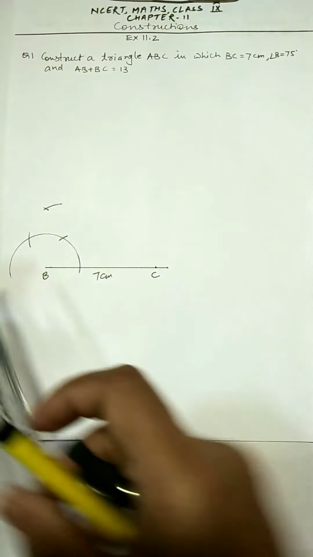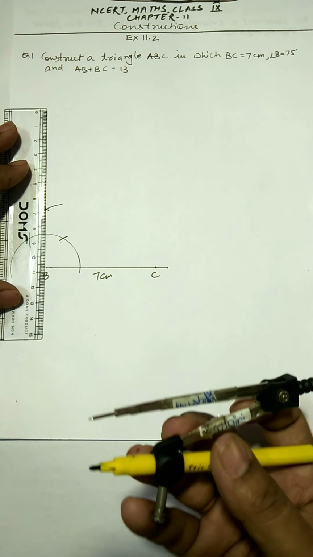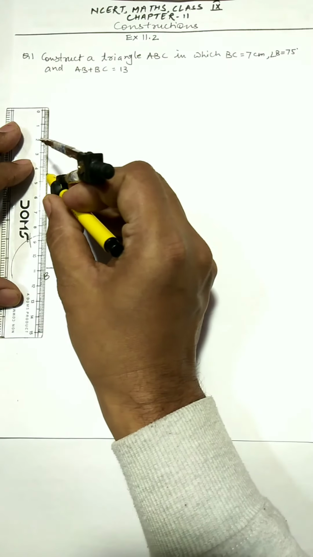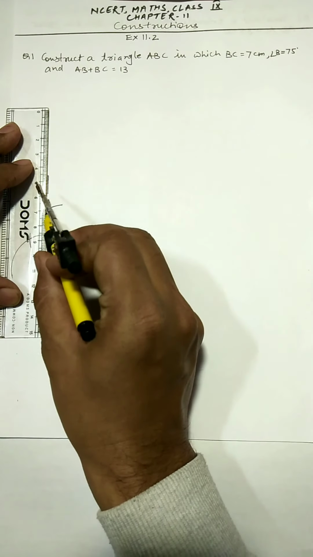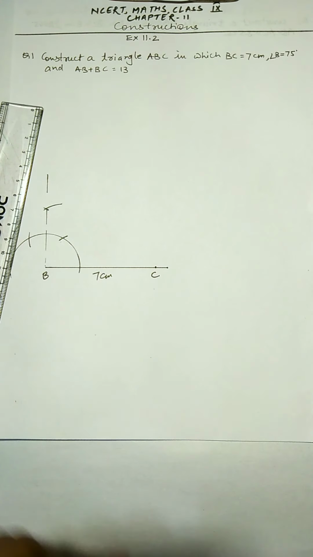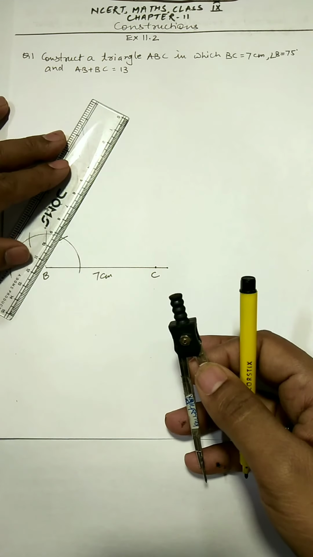So we join this B point to this to get angle 90 degree. So this is 90 degree and this is your 60 degree.